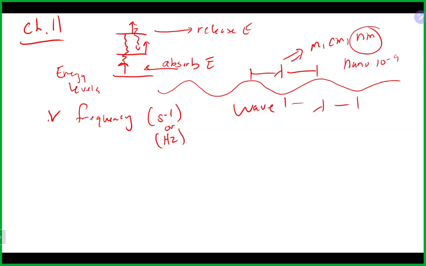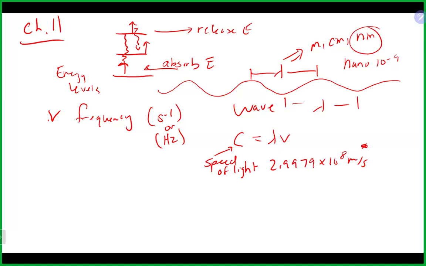We could use this relationship to calculate the wavelength or the frequency of a wave if we know one or the other by using c is equal to the wavelength times the frequency. C is the speed of light, which is a constant. A lot of places will use 3 times 10 to the 8, but here they do want you to use, I believe, 2.9979 times 10 to the 8 meters per second.